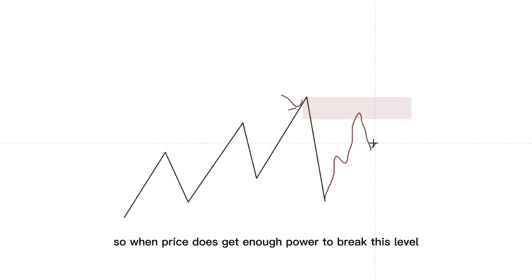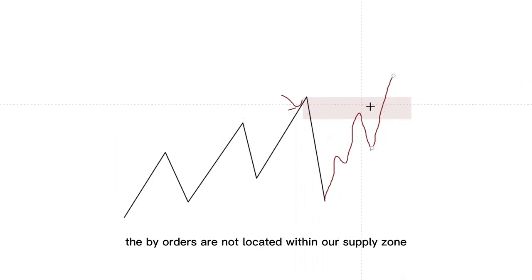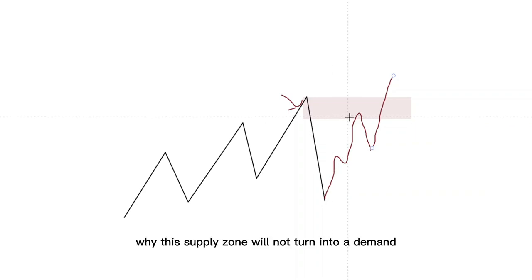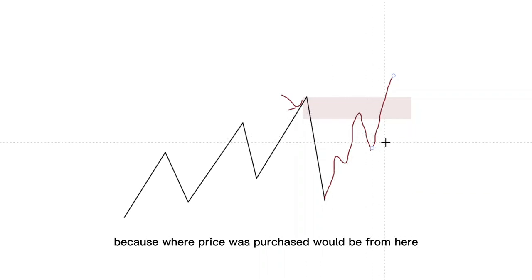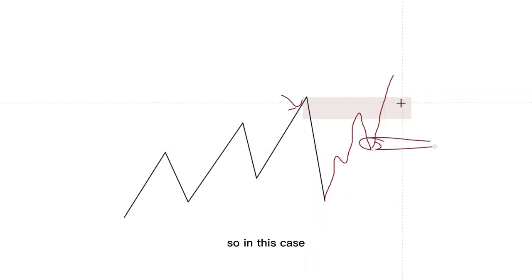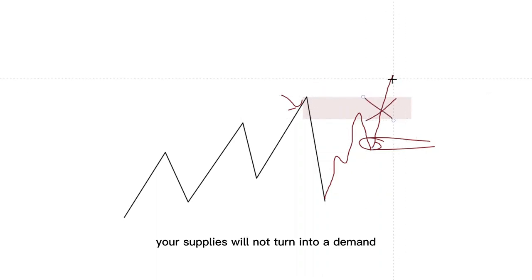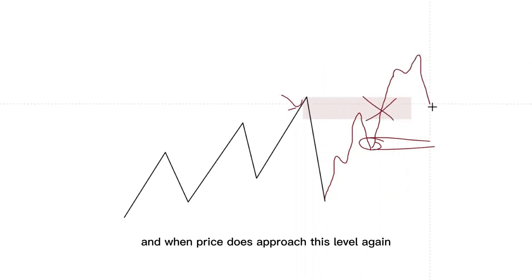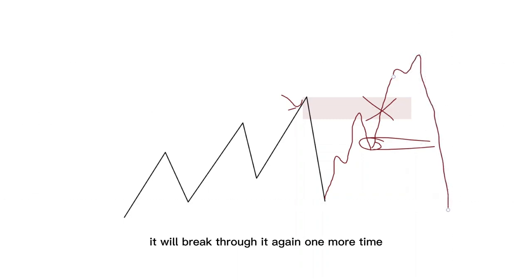So when price does get enough power to break this level, the buy orders are not located within our supply zone. Why? This supply zone will not turn into a demand because where price was purchased would be from here. So this would be the demand zone. So in this case, your supply zone will not turn into a demand. And when price does approach this level again, it will break through it.